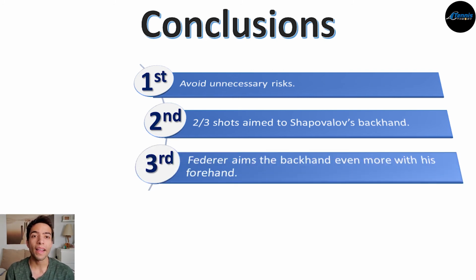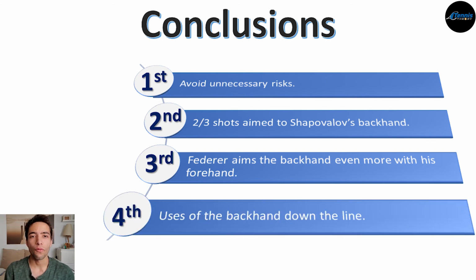Third, the backhand-forehand ratio gets bigger on the forehand side, which could mean that Federer only hit a forehand down the line once he had put Shapovalov in an uncomfortable position and he could finish the point with that shot. And fourth, the down the line shot from the backhand side, unlike the forehand down the line, was used to either attack Shapovalov's backhand or defend from Shapovalov's crosscourt forehands.